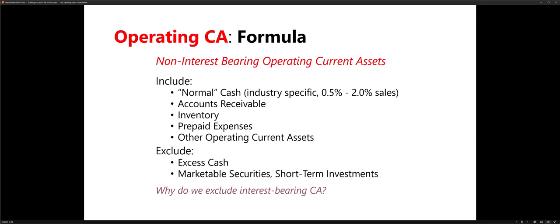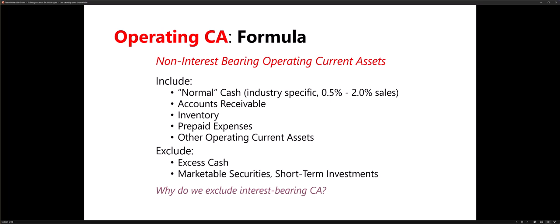So for example, okay, normal cash. So what is normal cash? That's the cash that you need to run the business. For example, your laundry business, right? You have a bunch of coins that you need to run so that people can get change from their bills. Most of the time, if I go to the laundry, I don't have a bunch of quarters. And so you put a $20 in, there's always coins in there.